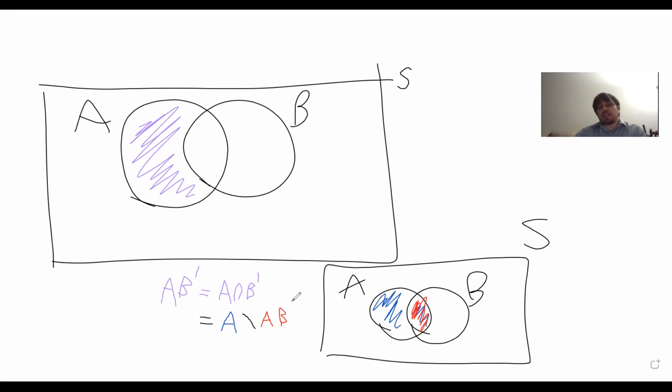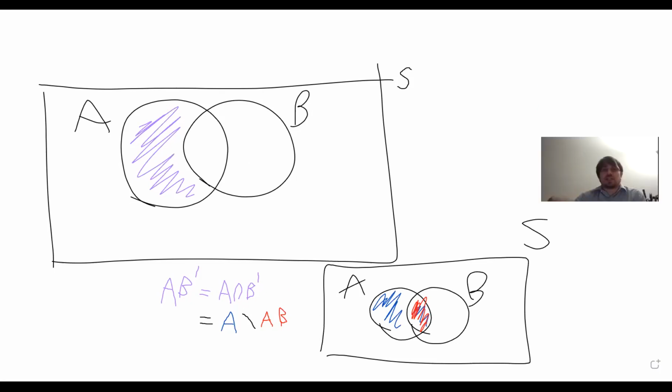Okay, so A minus AB is the same as AB prime. So if A minus AB is AB prime, then since they're equal as sets, that implies that the probability of AB prime is equal to the probability of the same set. And so that's equal to the probability of A minus AB, because they're equal sets. But the probability of A minus AB is equal to the probability of A minus the probability of AB.